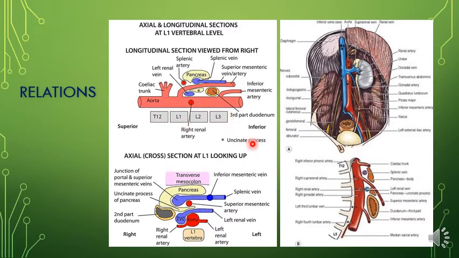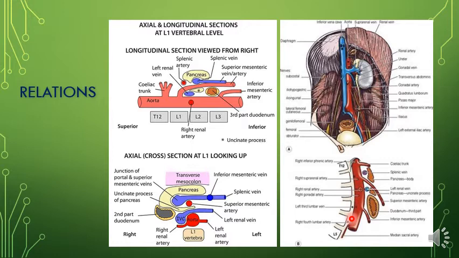posterior relations, and also posteriorly you will see the lumbar arteries. Here you can see this is the lumbar artery. So the origin of 4 pairs of lumbar arteries and the median sacral artery are also seen. This is the median sacral artery here, and these red dots are the origins of the lumbar arteries, 4 pairs, which are the posterior branches of the abdominal aorta.